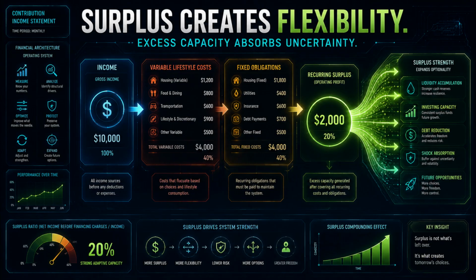The recurring surplus ratio is calculated as net income before financing charges divided by income. Now, where do we get the net income before financing charges number? Well, on our contribution income statement, fully described in an earlier video in this channel, you can find that specific number.